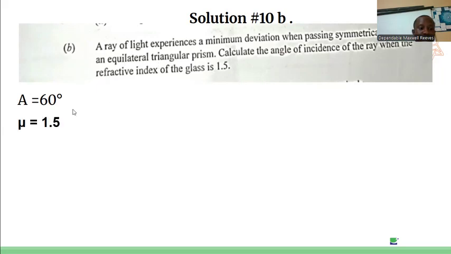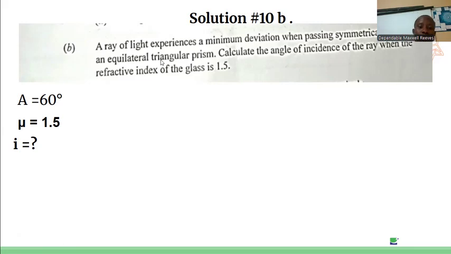Next, we have our refractive index given to us as 1.5. And we are asked to determine the angle of incidence, so i equals question mark. But let us firstly find the angle of refraction.